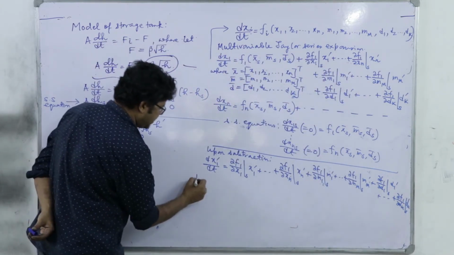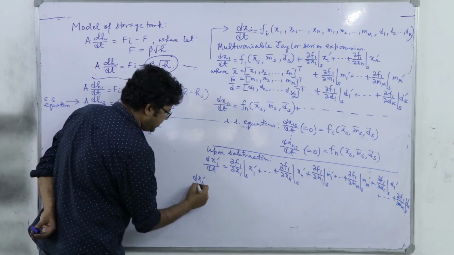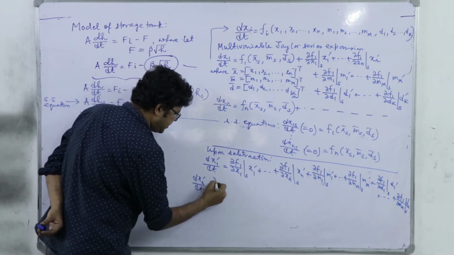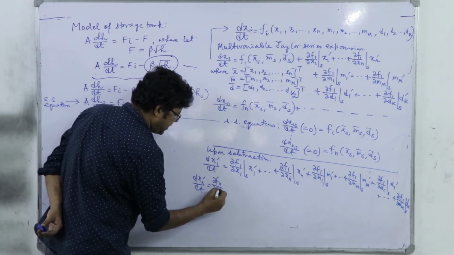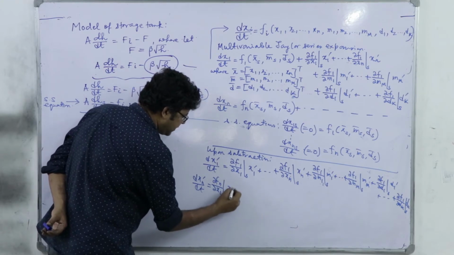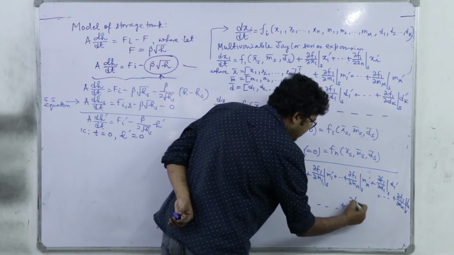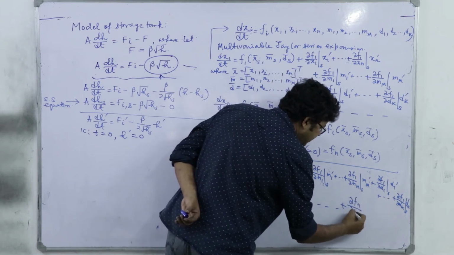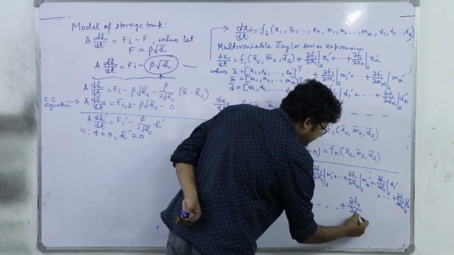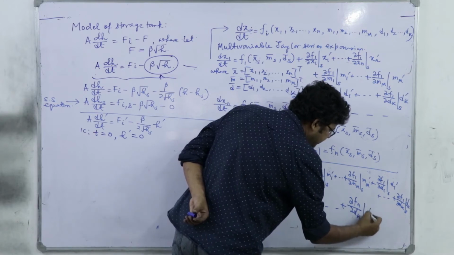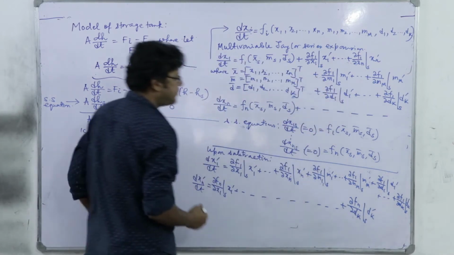And similarly, we can get that dxn prime dt is equal to del fn del x1 times x1 prime, and finally del fn del dk times dk prime.